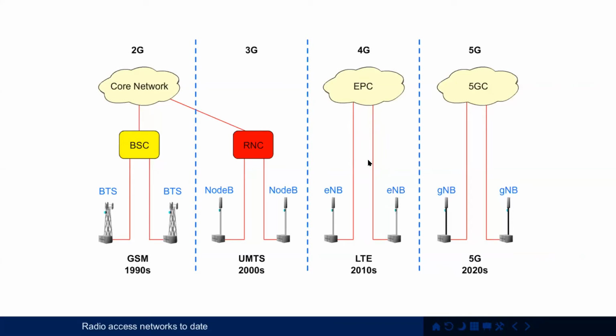There is no base station controller. So we simply have new base stations referred to as evolved node Bs, or eNBs to their friends, and they connect directly into the new core network, the evolved packet core. So the intelligence that we had in the RNC and the BSC in previous generations has been moved into the base stations. So these are far cleverer than their predecessors.